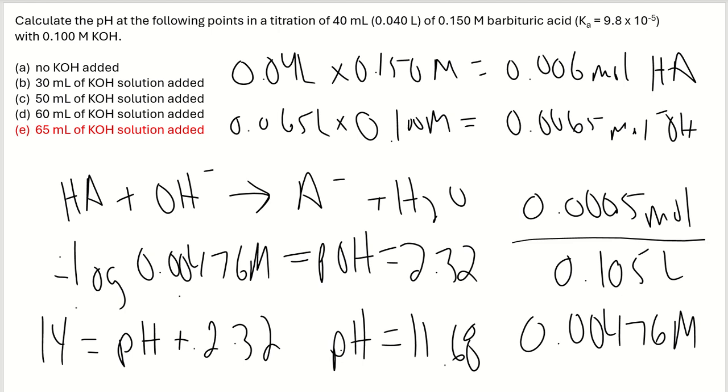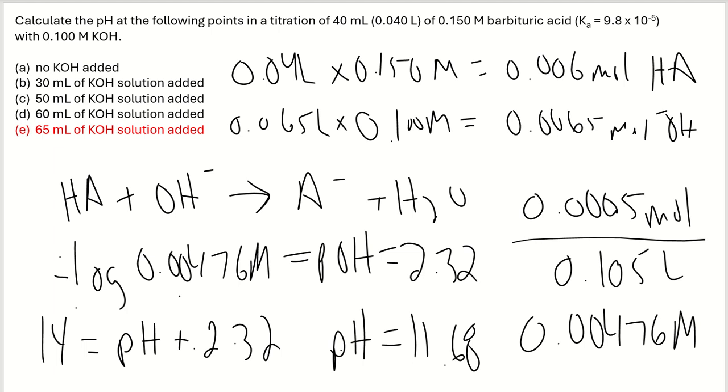So in summary, what we do is when we do a titration, starting with the weak acid and titrating with a strong base, we are going to first do no KOH added, typically. If we don't add any base, and it could be NaOH as well, if we don't add any strong base, we just do the ICE table for Ka, where Ka equals x squared over the initial concentration of the acid.